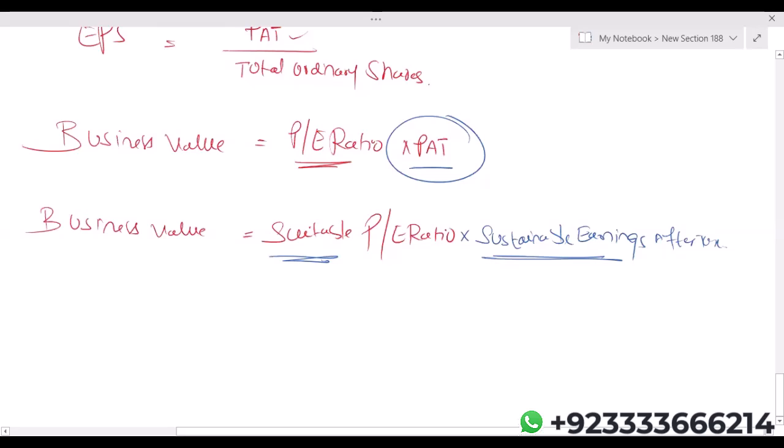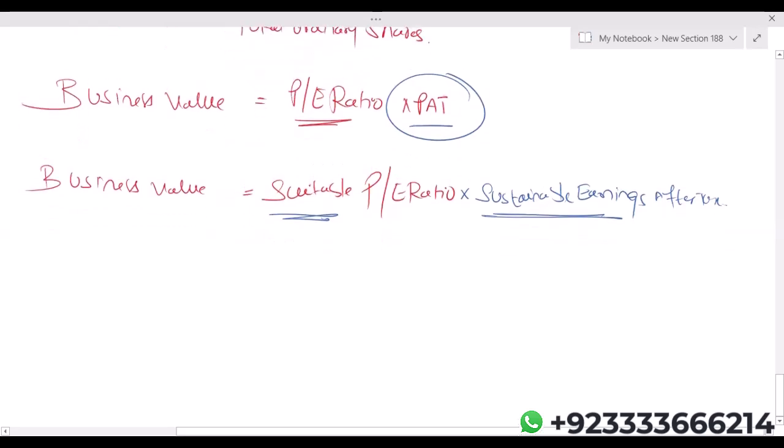Now, there's one more way to value the business, which is exactly the inverse of the P/E ratio. That is earnings yield. So another method of valuing the business is earnings yield.